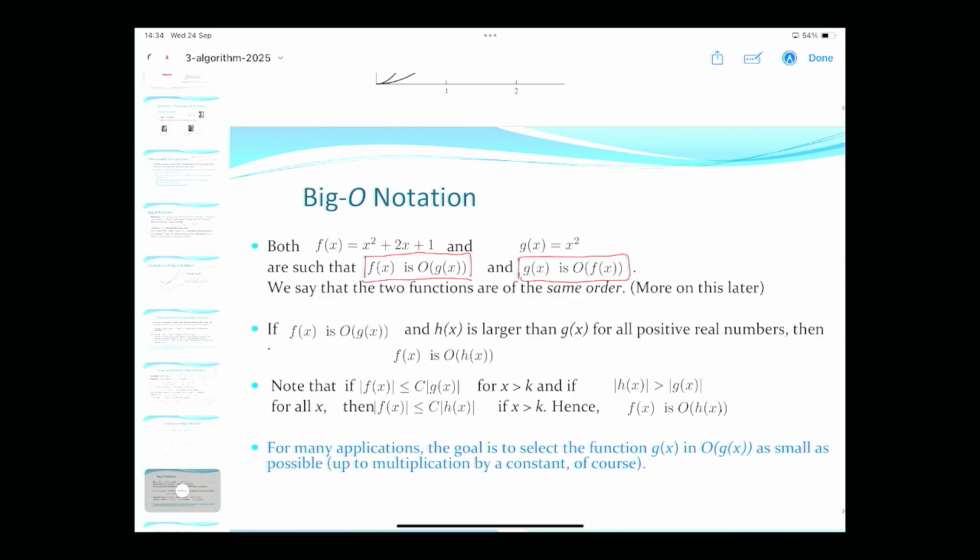When the two functions have the same order, or we just consider the largest term of the function, they are the same here, which is x squared. So that means both functions have the same order, so we would have f(x) is O(g(x)) and vice versa. g(x) is O(f(x)) as well.